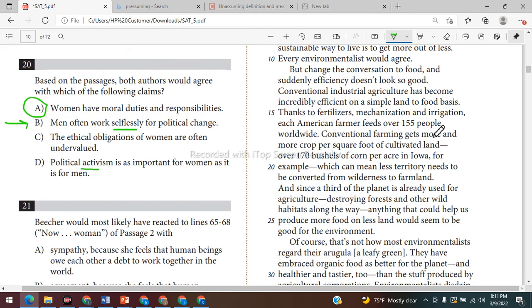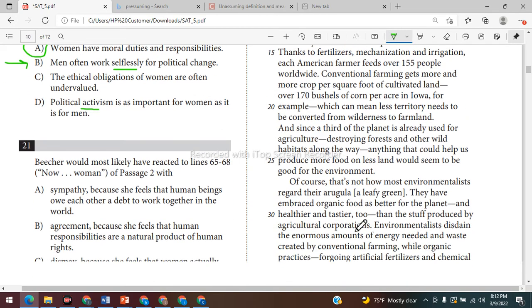Conventional farming gets more and more crop per square foot of cultivated land, over 170 bushels of corn per acre in Iowa, for example, which can mean less territory needs to be converted from wilderness to farmland. And since a third of the planet is already used for agriculture, destroying forest trees and other wild habitats along the way, anything that could help us produce more food on less land would seem to be good for the environment.